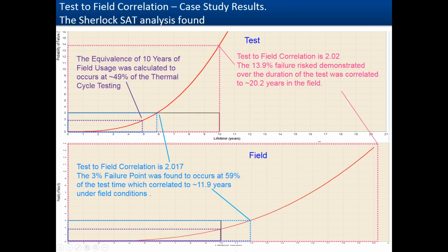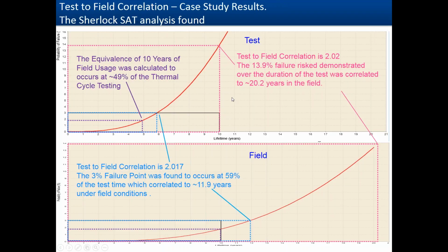And that's when we could correlate that the 3% failure rate actually occurred at about 5.8% of the time into the test, which correlated to just a little less than 12 years in the real world. And the point that did correlate to 10 years in the field environment was 1.8% failure risk, which occurred at 48% of the time into the test.